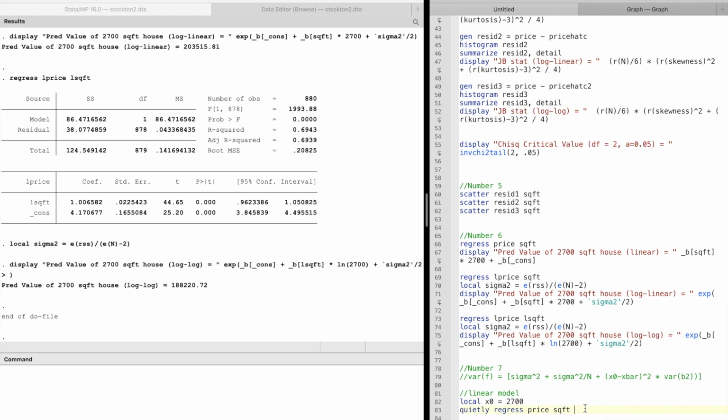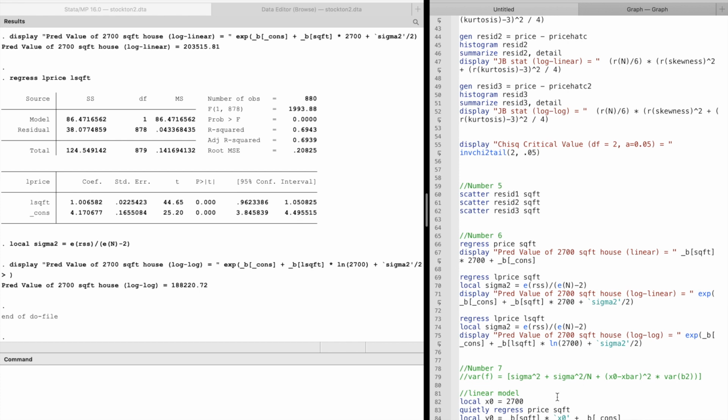And then our y naught, it's going to be simply this thing, and just put x naught here. It's the same thing. And then our local sigma squared.